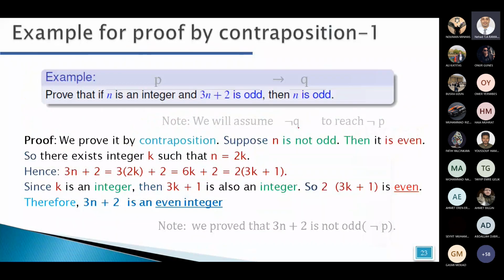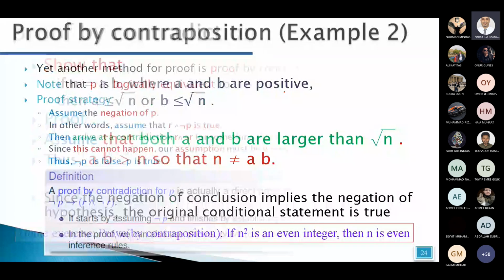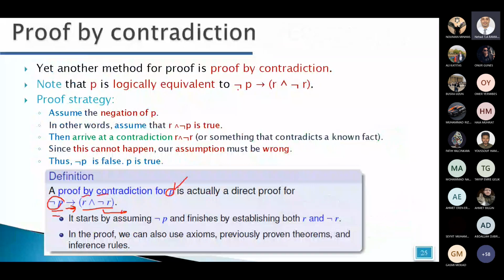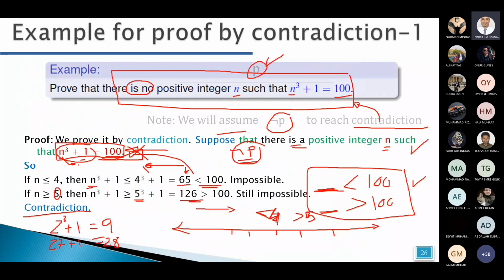But contradiction is a different way. We start from not B, the opposite of the given premises, to get something that contradicts our assumption or something that is impossible to happen.